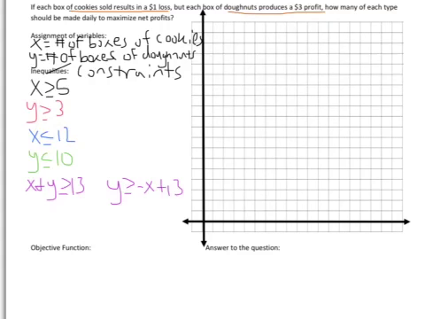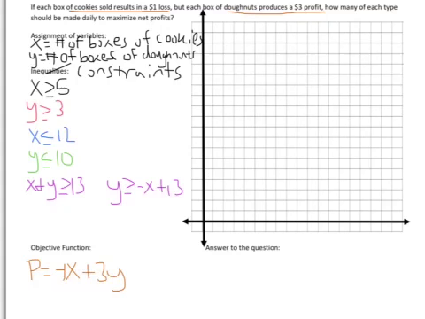So what we have here is P equals negative x, or negative 1x, plus $3 times the amount of boxes of donuts. So that's our objective function. That's going to help us answer the question.